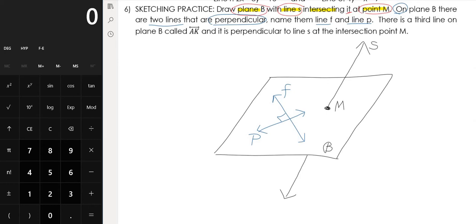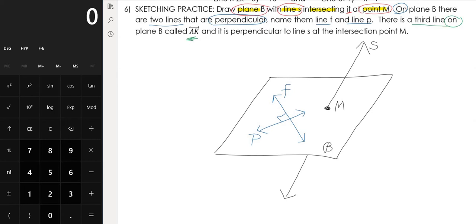Let's keep going. There is a third line. Okay, so really it's probably the fourth line, but there is a third line on the plane. So now we have a third line that's again on the plane, and it's called AK. All right, so that's how we're going to name the third line.